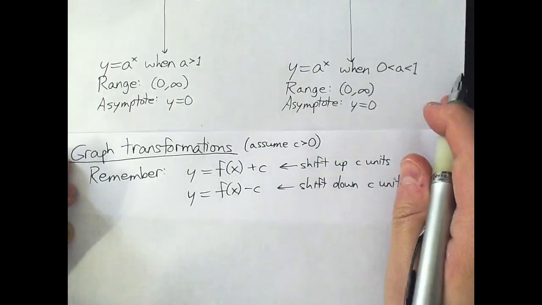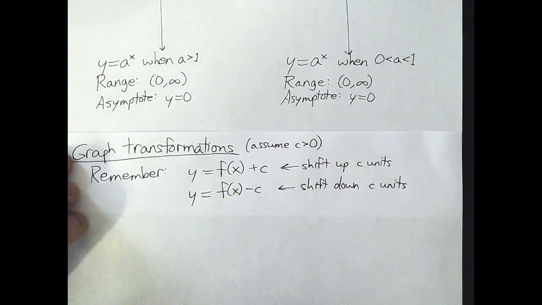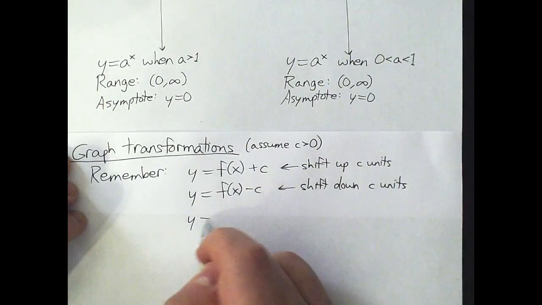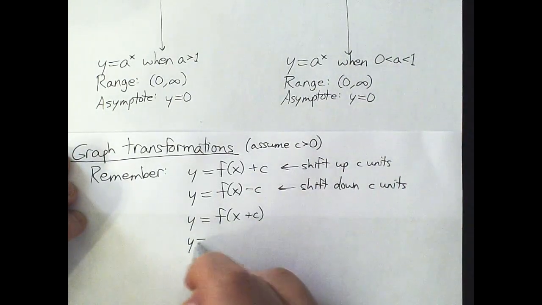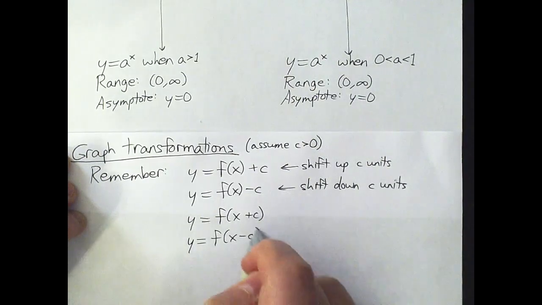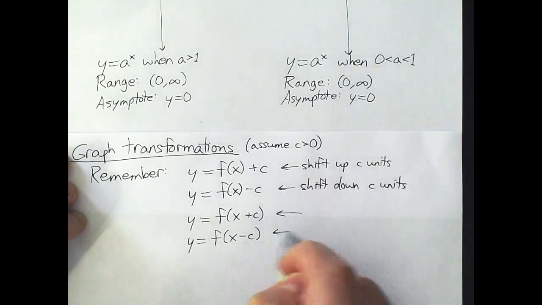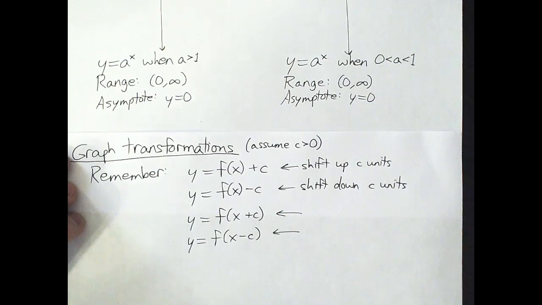Some other ones that you could see is, what if the plus c or the minus c is on the inside? So y equals f of x plus c, or y equals f of x minus c. These also shift the picture around on the xy plane.